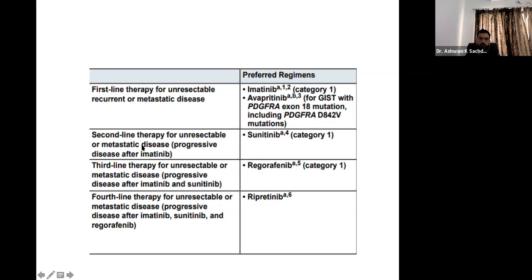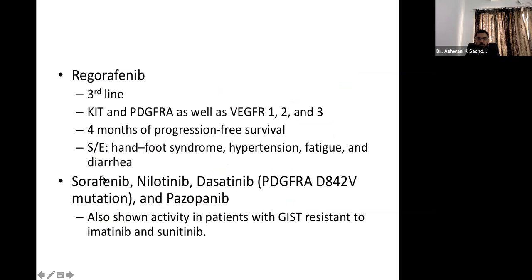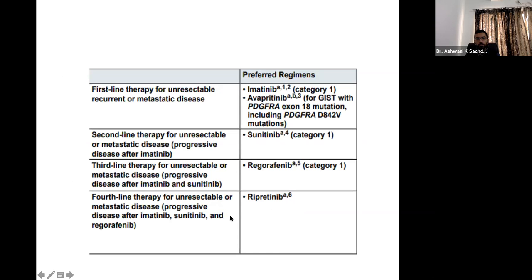Second line therapy for unresectable and metastatic disease is sunitinib. Third line therapy is regorafenib, and fourth line is ripretinib. These are mentioned in the NCCN. Ripretinib, or, like I mentioned previously, sorafenib, nilotinib, dasatinib, and pazopanib are also options which can be considered as fourth line.